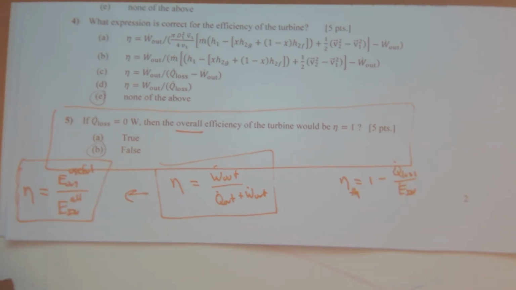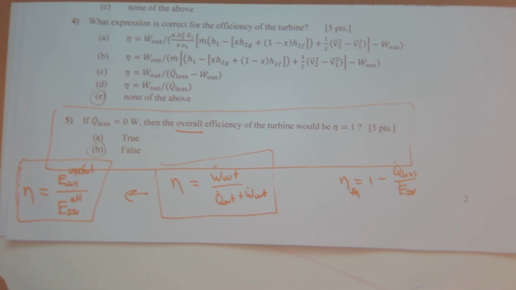So in this problem statement, you have gas coming out, and that gas has an energy. The only way for this to be true is if the kinetic and potential energy of the gas leaving the turbine was 0. There's no energy; I used all of that energy.